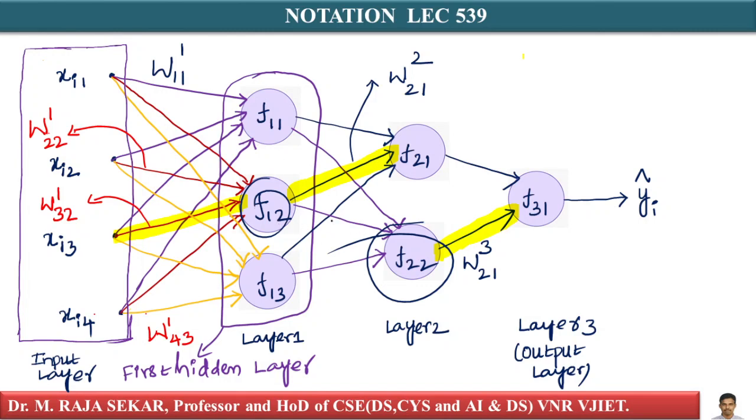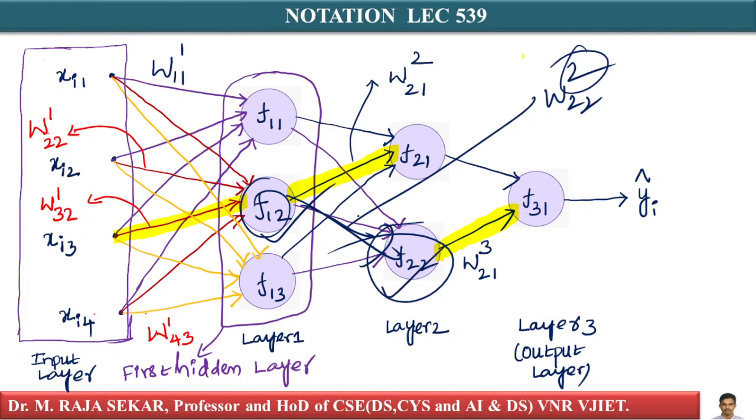I would write W with 2 as superscript, because it is going to layer 2. I am considering F12 to F22, from this to this, so I am keeping 2 here. From which input? From the second input. To which output? To the second output. Therefore it is W22 to the power of 2. This is how we get the weights.